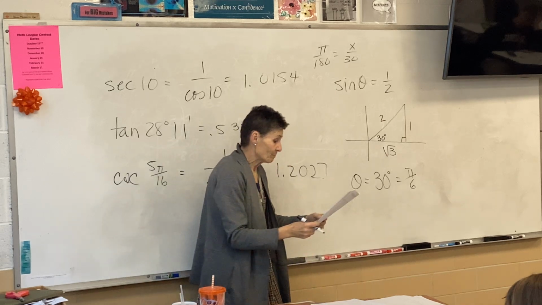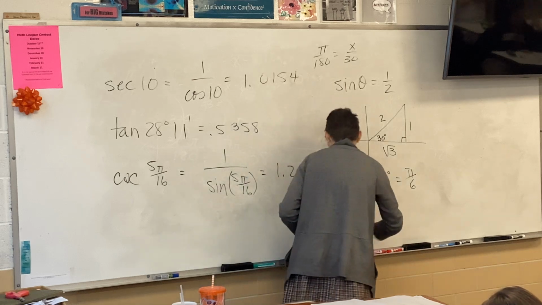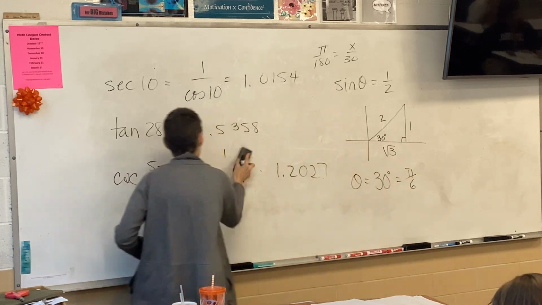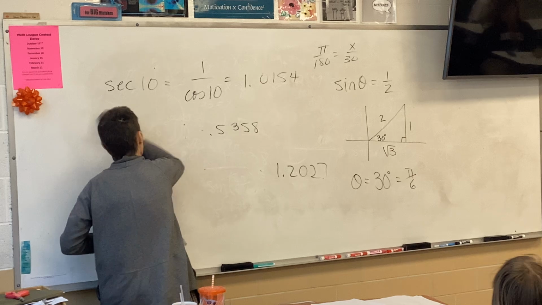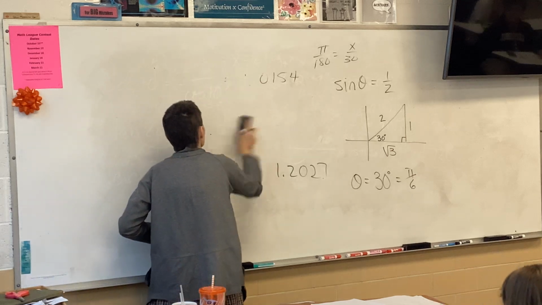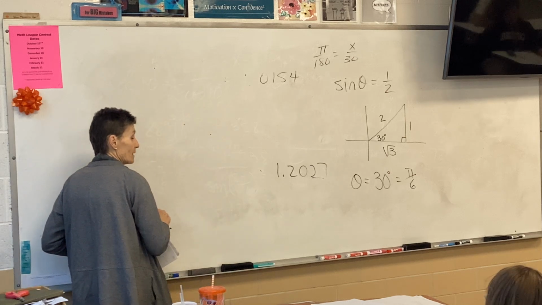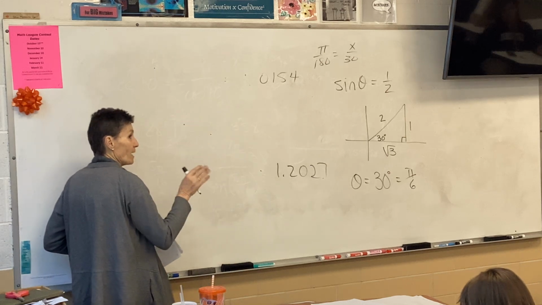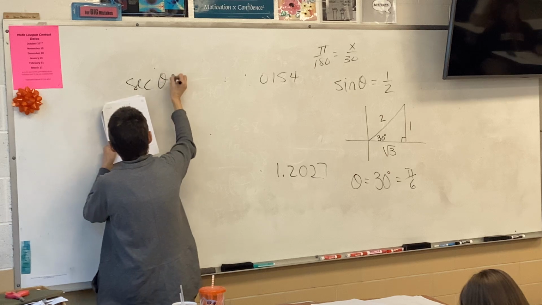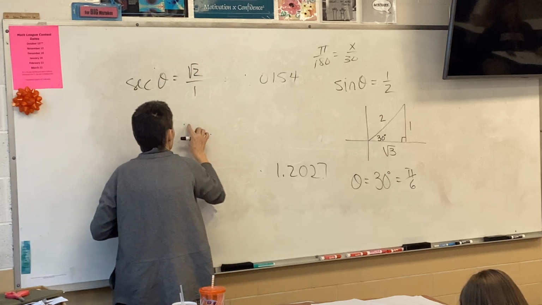All right, next one. Secant equals √2. Now, I always turn that into a fraction because my trig functions are all fractions. Think about it, SOHCAHTOA, they're all fractions. So the secant is √2 over 1.